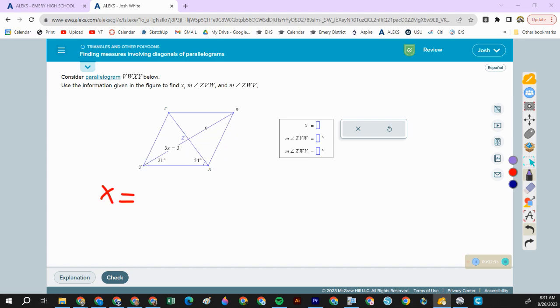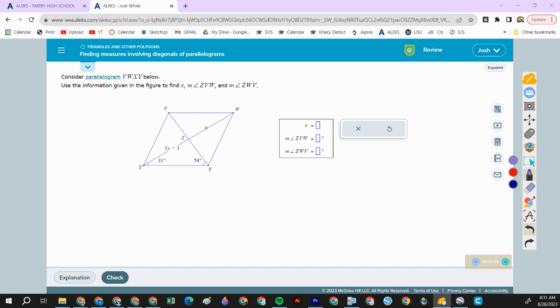So I know that 3x minus 3 is equal to 9. So I just solve. Divide by 3. X is equal to 4. Okay? All right.